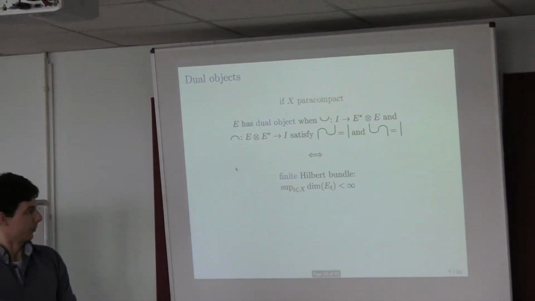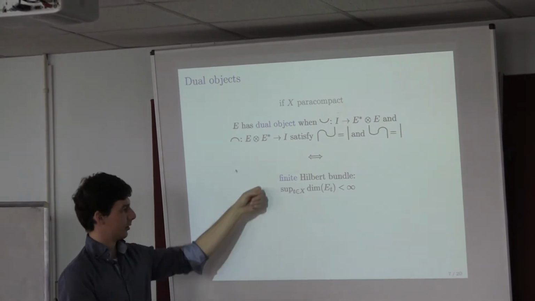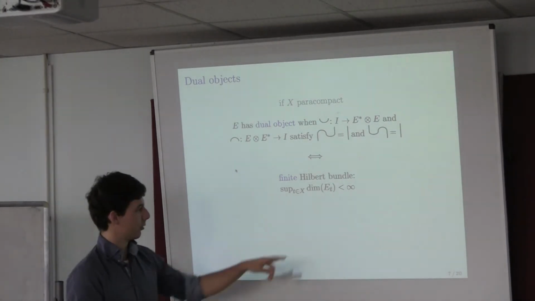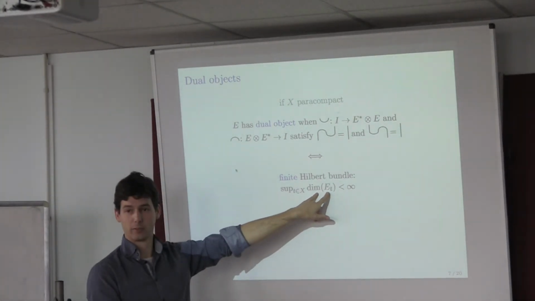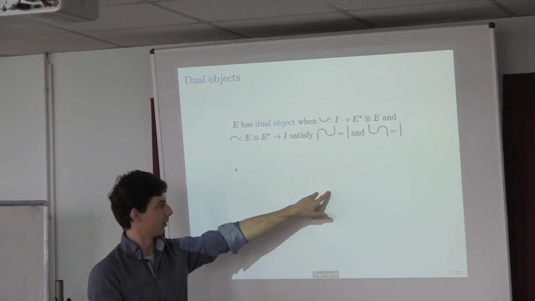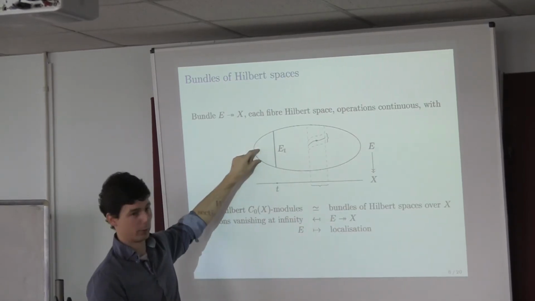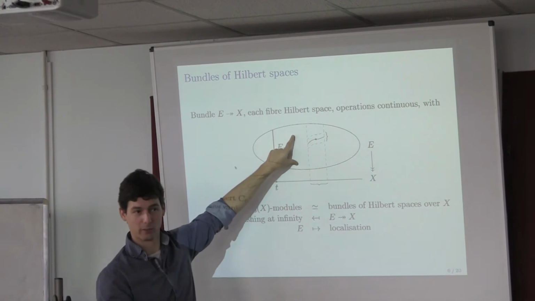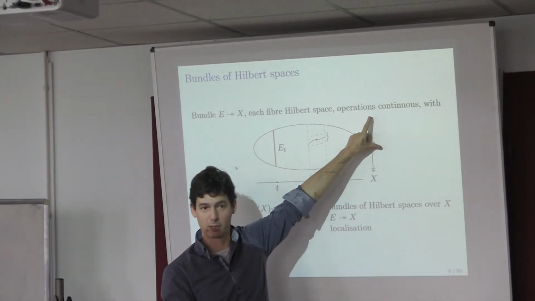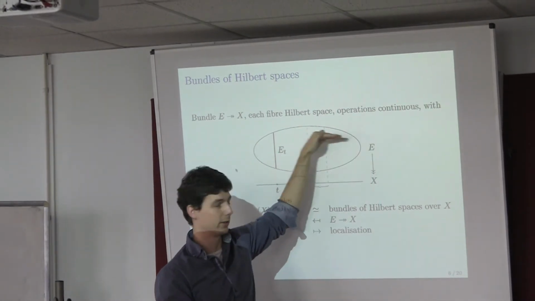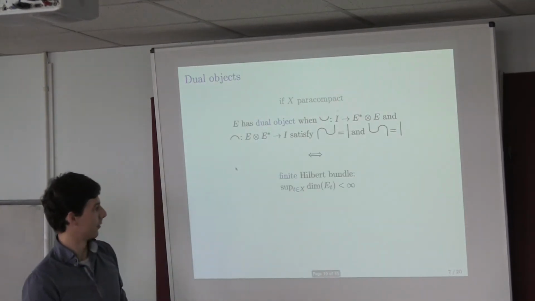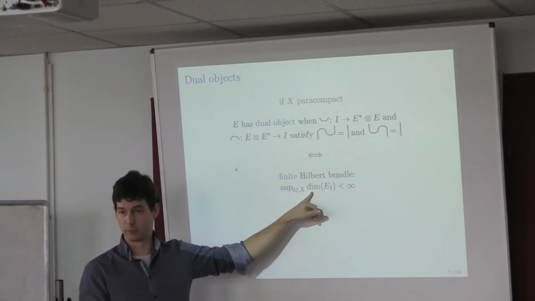When is it dual? Well, precisely when it's what I'll call finite. So it means not only is every fiber finite dimensional, but it could happen that this fiber is one-dimensional, two-dimensional, three-dimensional, four-dimensional, and grow bigger and bigger. So every fiber is finite. We also want the dimension to be bounded above. We want the supremum of these dimensions to be finite.